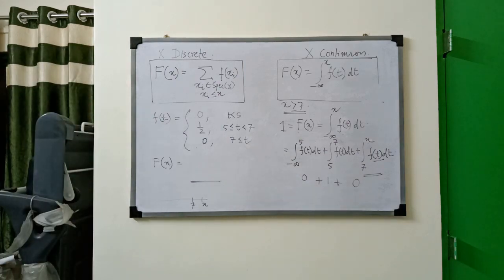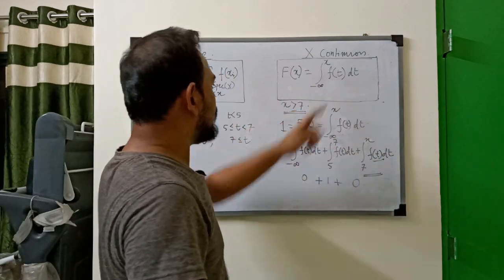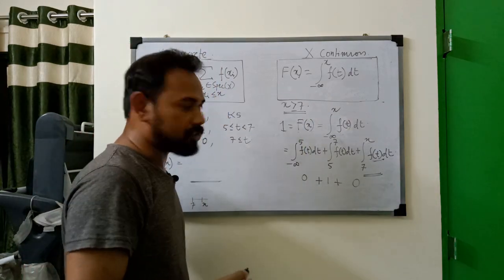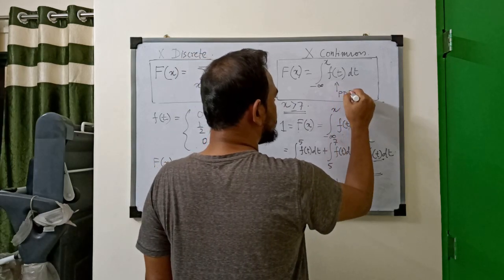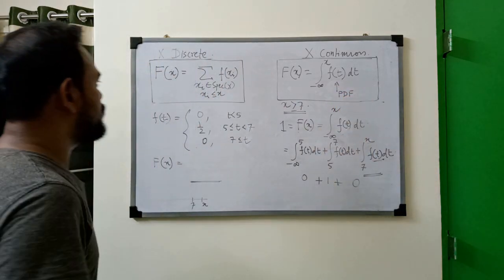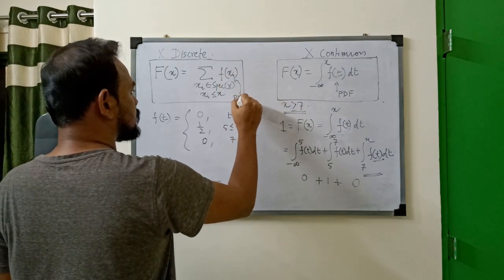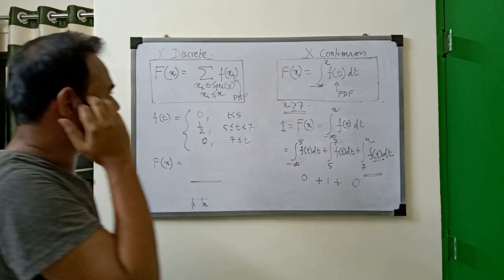We've established it. And this new function is called the probability density function, or the PDF. This function, in the case of a discrete random variable, was called the PMF. And this is the PDF.